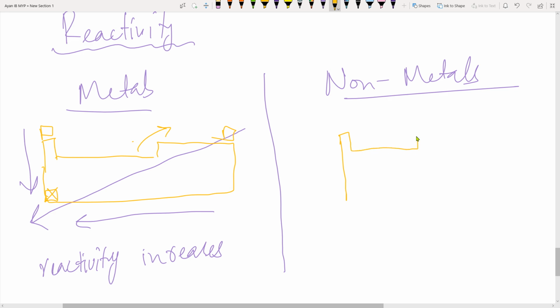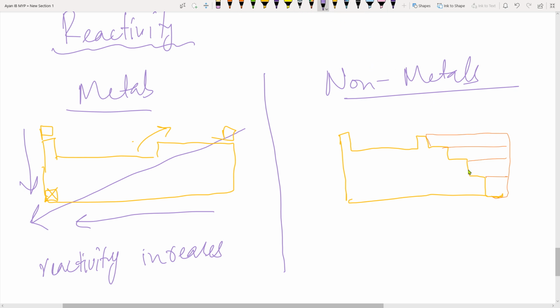Now for the non-metals, if I draw the same idea, and you do know that non-metals are only on one side of the periodic table, I'm just going to make this staircase to give you an idea that these are the only non-metals that are there. I'm going to use a red one. So these red ones are the non-metals, and for them the trend is actually opposite.